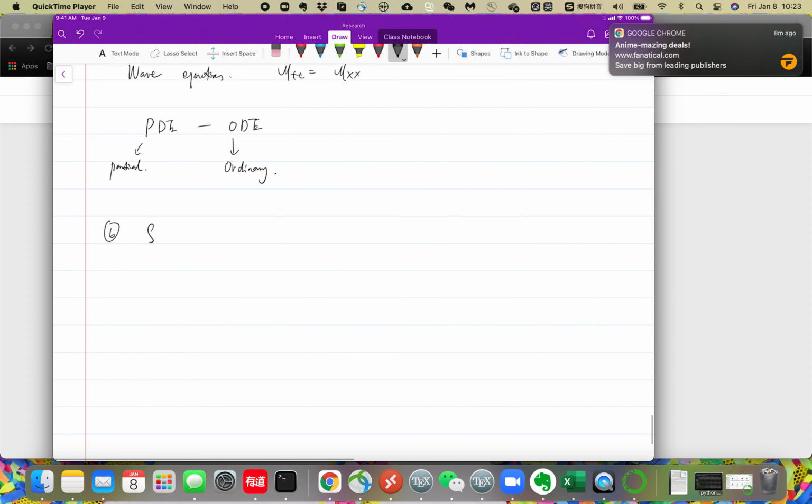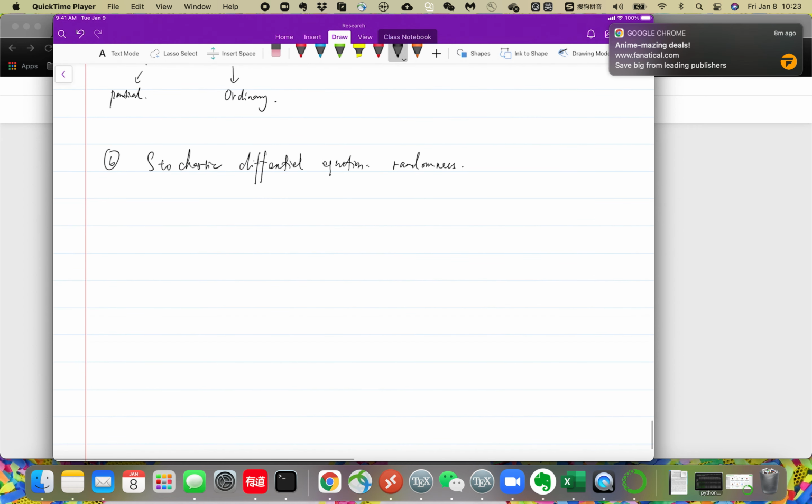Second, you have stochastic differential equations. So not only do you have a differential equation, your derivative also depends on some random effect. I will just call it randomness. One thing you can think about is the stock price. Well, if it's a differential equation, you solve it, it's going to be very smooth.